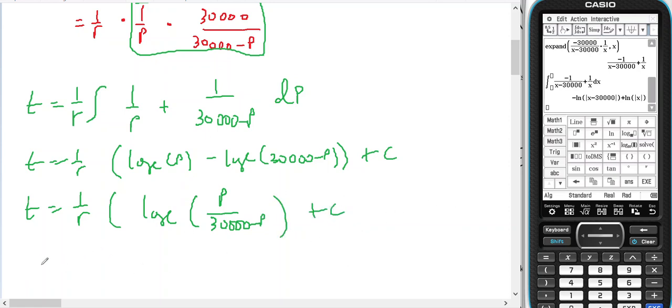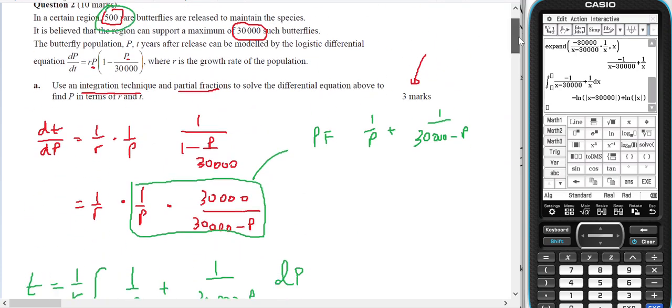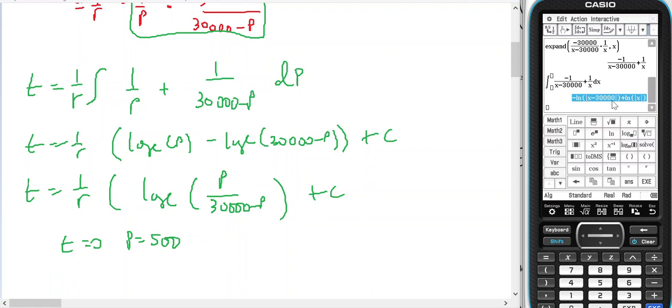I need to find out C, so if I go T equals 0, P equals 500, which is what we had, then what I can do here is I can say y equals 0, given x equals 500. And I'm going to get rid of the modulus and just write x.